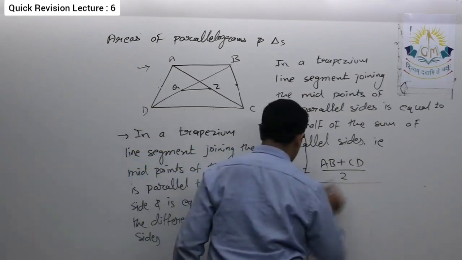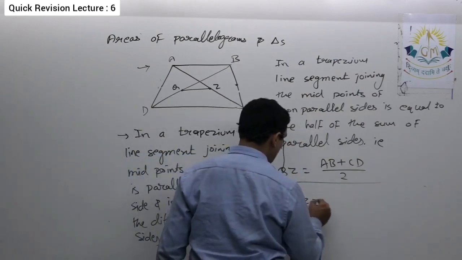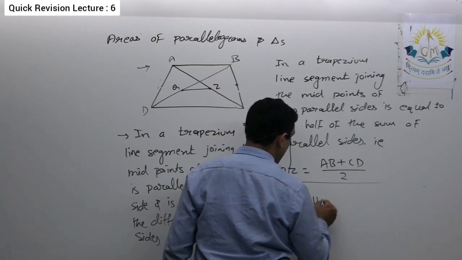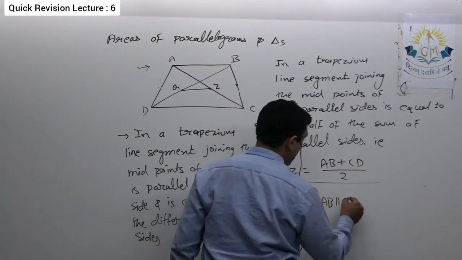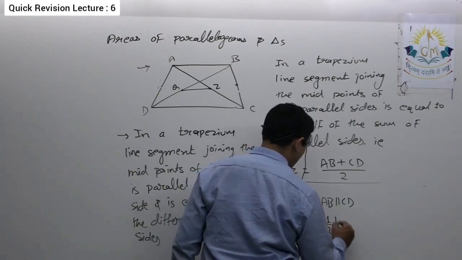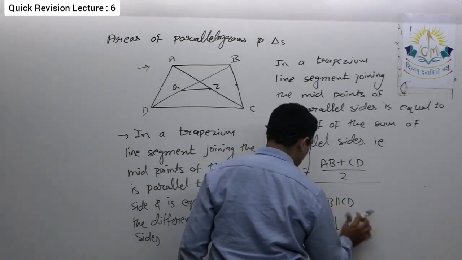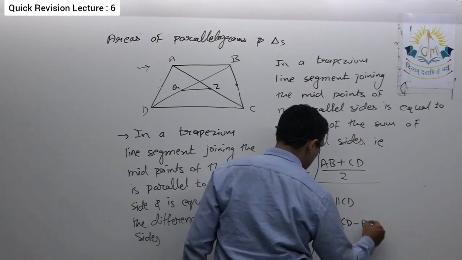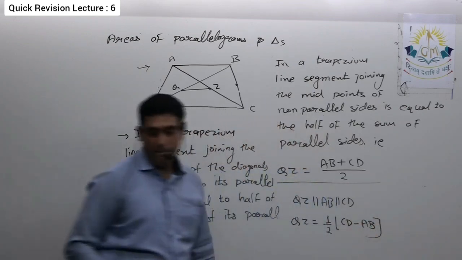That is, over here I can write QZ is parallel to AB parallel to CD. Also QZ is equal to half of CD minus AB.